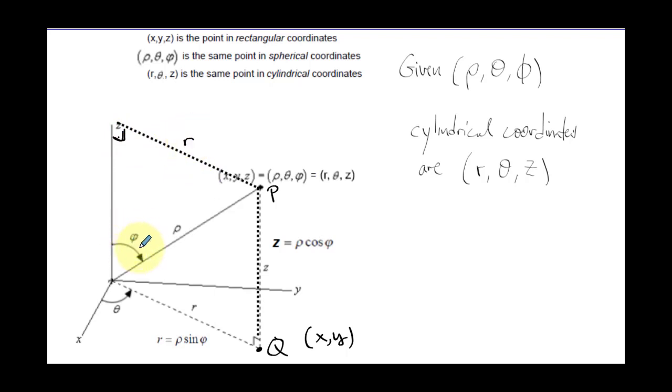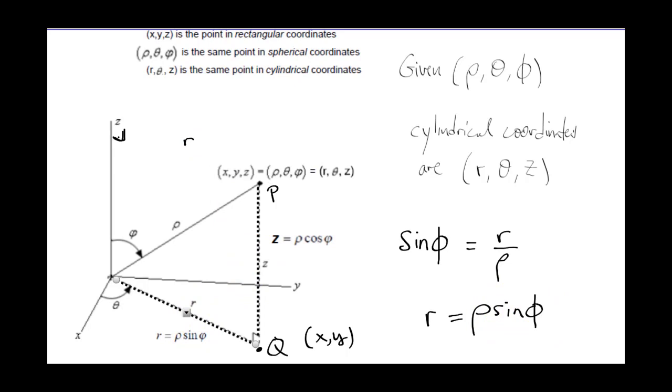And here's phi. If I did the sine of phi, I can say the sine of phi is the opposite over the hypotenuse. And the opposite is that length r, and the hypotenuse is rho. So that's how I get r is rho sine phi.